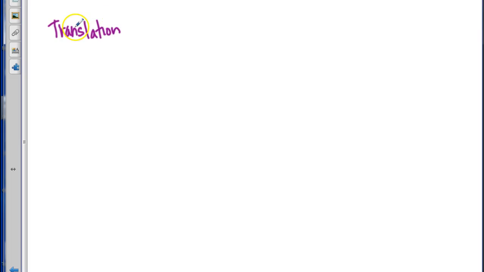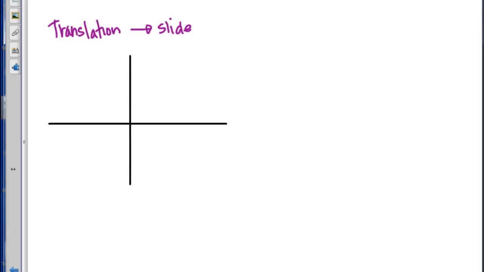And a translation is also referred to as a slide. So it's taking a figure and sliding it. So if we are in the coordinate plane and I have a figure and I translate that figure, it means that I would pick it up and slide it.